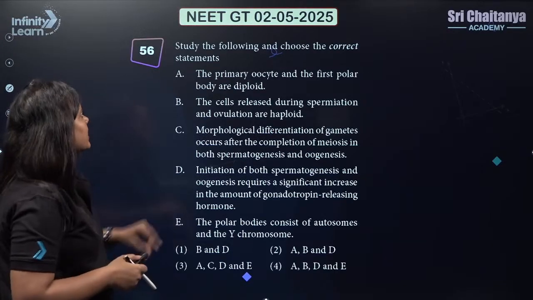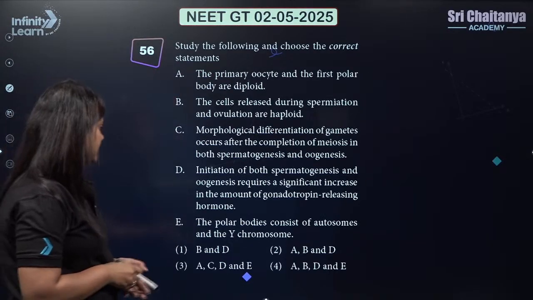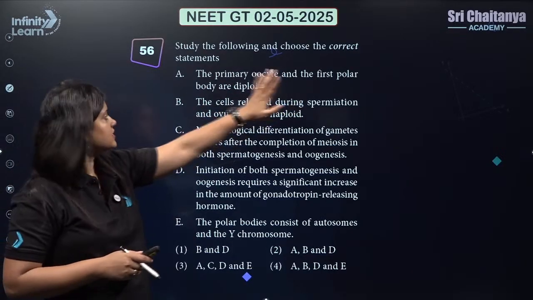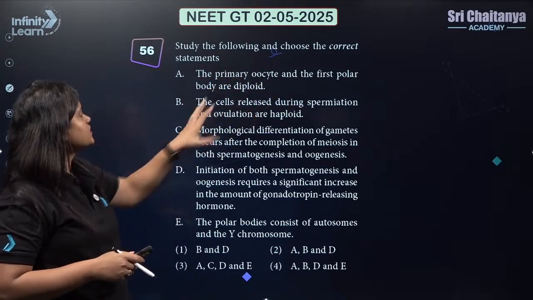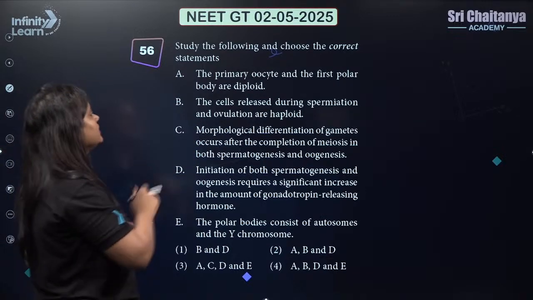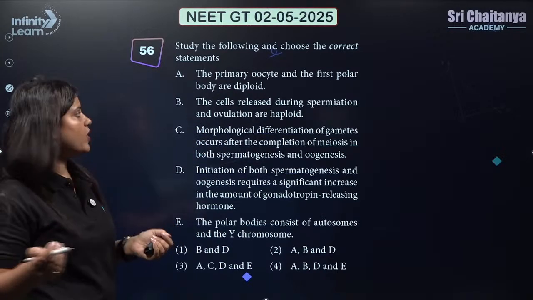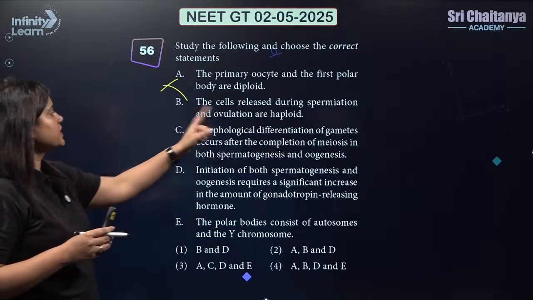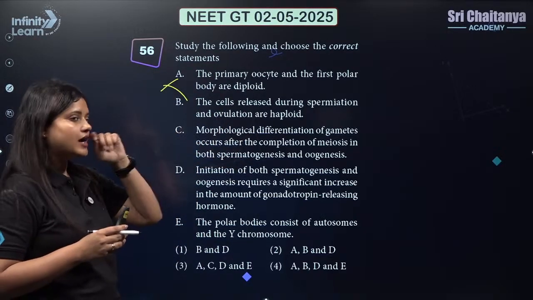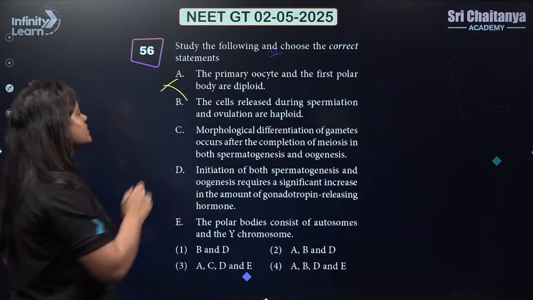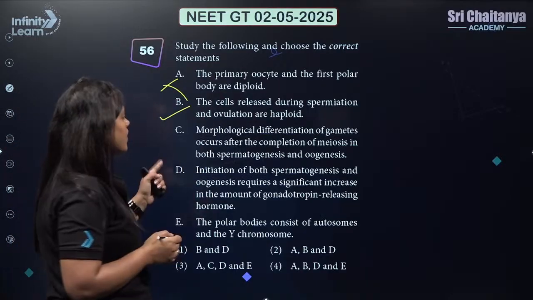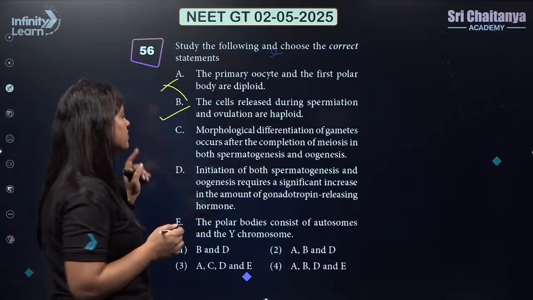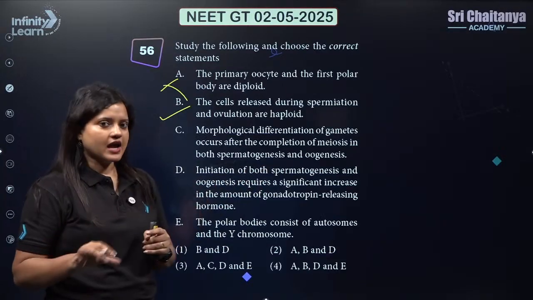Very good. Now read the statements and let's see which are the correct statements. The primary oocyte and the first polar body are diploid. Primary oocyte is diploid but not the polar body. The cells released during spermiation and ovulation are haploid. So yes. Morphological differentiation of gamete occur after the completion of meiosis in both spermatogenesis and oogenesis.